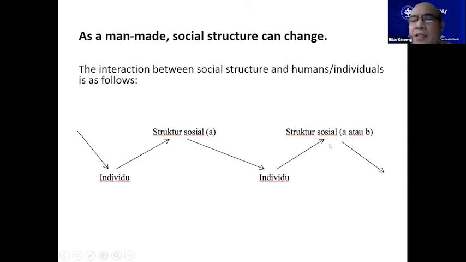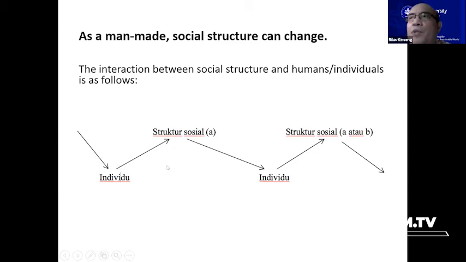but then we can also change this to become a new type of social structure. So again, this shows that social structure is not permanent, not immutable, something we cannot change. It really depends on us as producers of the social structure. All of us, no exception, contribute to the reproduction or continuity of a social structure.